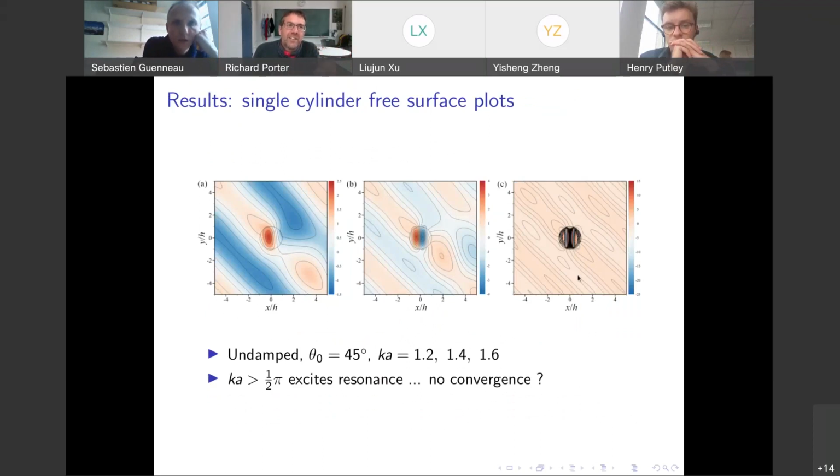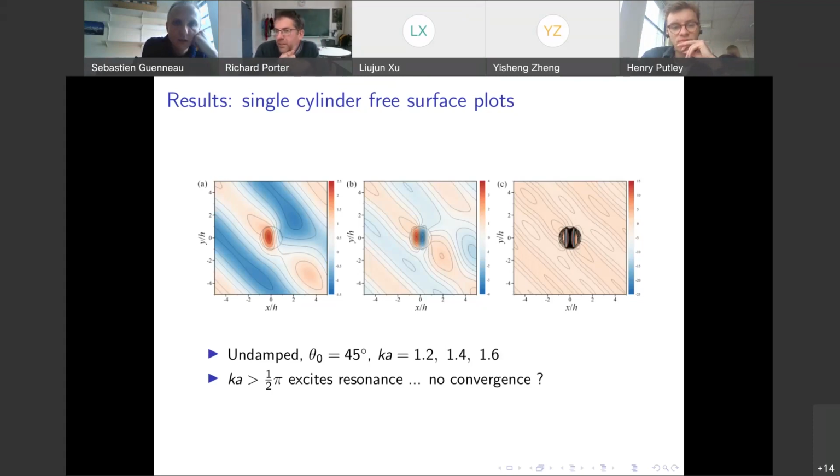I couldn't get to 0 dissipation, because at 0 dissipation I get no convergence at all. But if I make the dissipation smaller and smaller, I was getting convergence to a solution. So it's just that the solution for the totally non-dissipative case is so singular that you can't get it.